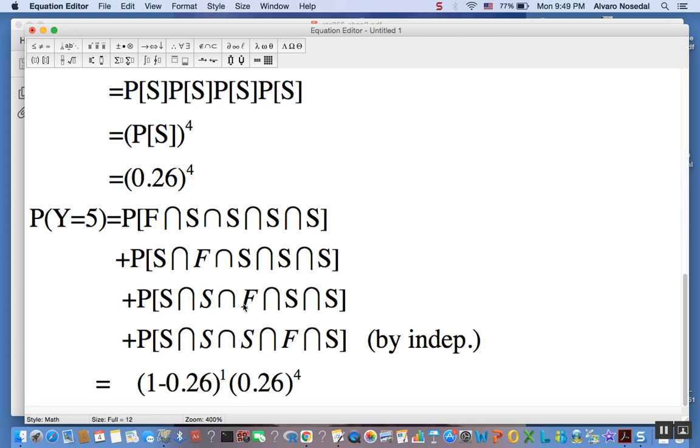The same thing is going to happen with the third term, and the last one, right? The last sequence that we have here. So what we have here is 4 times 1 minus 0.26 times 0.26 to the fourth. Okay?